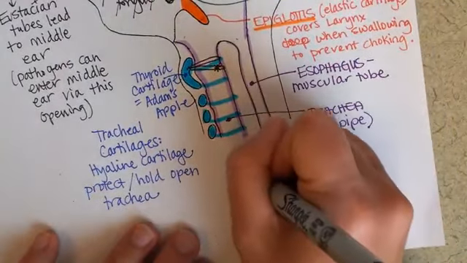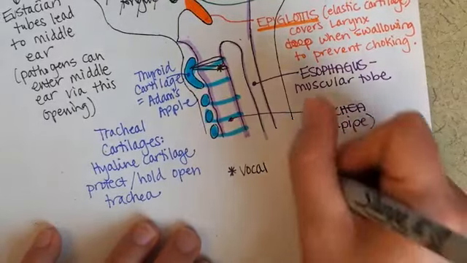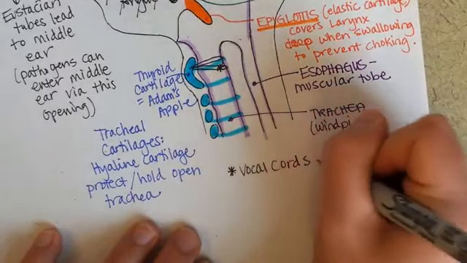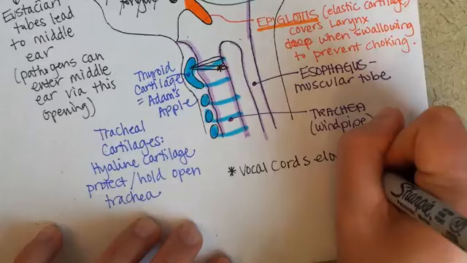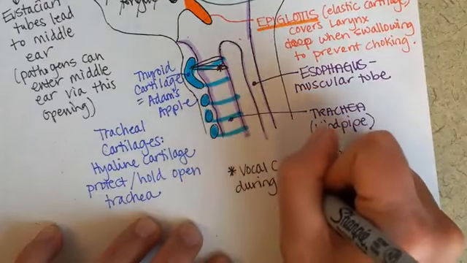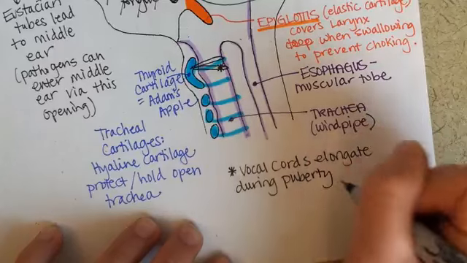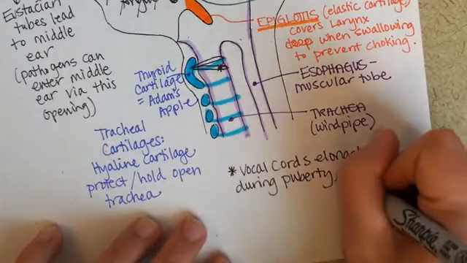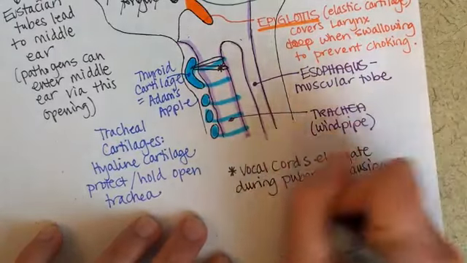So the vocal cords elongate during puberty. And that's what causes a lower voice.